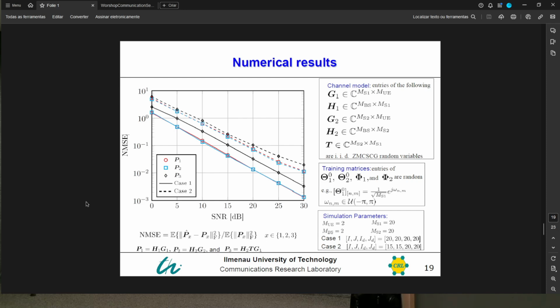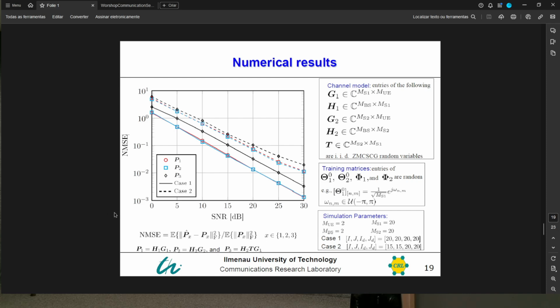And then the estimation of component 3 has a slightly poor performance in comparison to the channels in component 1 and component 2 in both scenarios. And this is, as we demonstrated in the previous slide, due to the estimation error, because to estimate the channel in component 3, we have to use the estimates of channels in component 1 and component 2 to arrive at that.